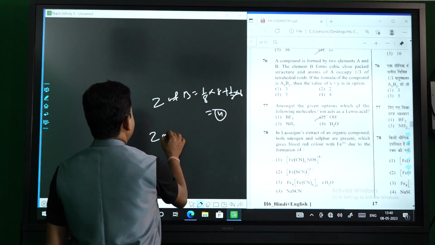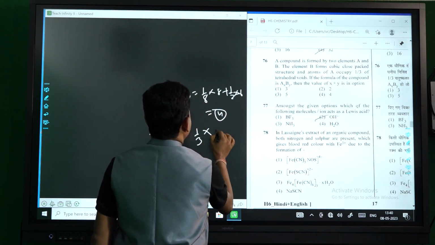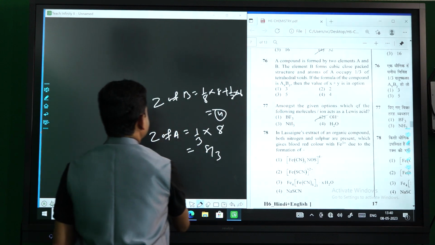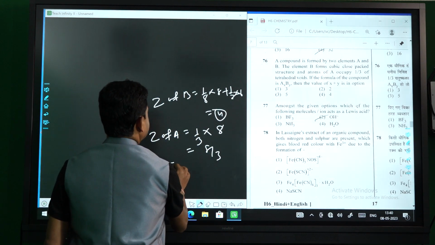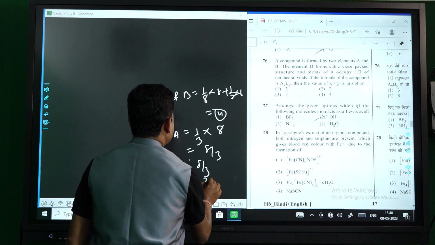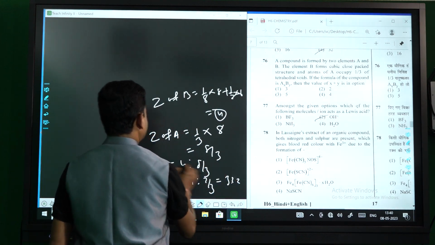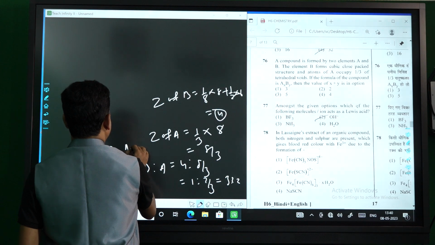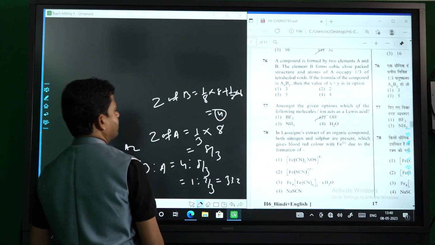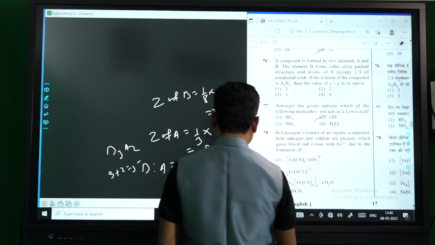So Z of A is 1/3 times the number of tetrahedral voids, 8, which is 8/3. So B to A is 4 to 8/3, so 1 to 2/3, that is 3 to 2. So the formula is B3A2, and the value of 3 plus 2 equals 5. So the answer is 5. Option 3 is correct.